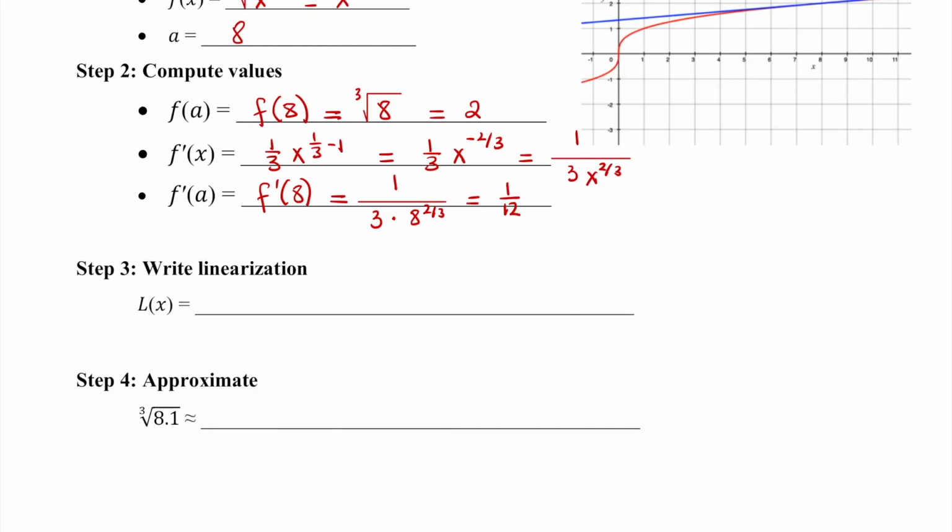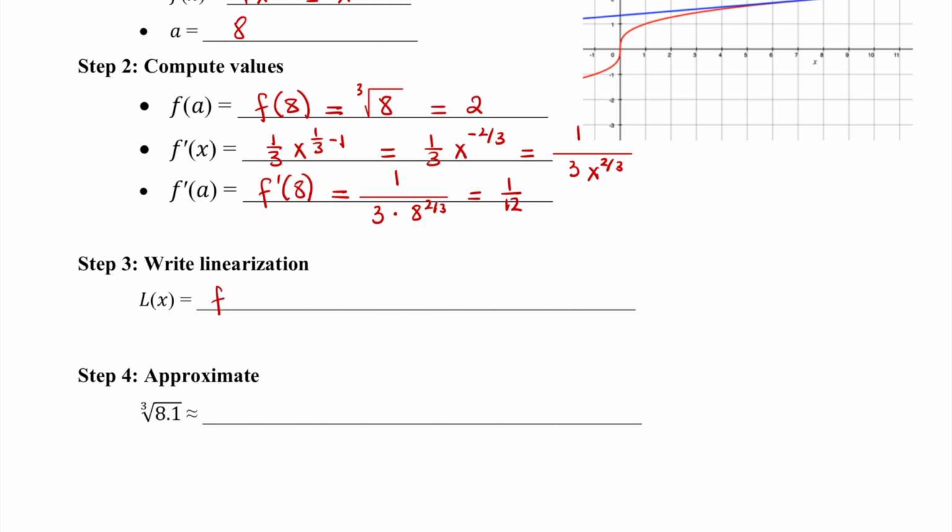Step 3, write the linearization. L of x equals f of a plus f prime of a times x minus a. And my a is 8, so I have f of 8 plus f prime of 8 times x minus 8.